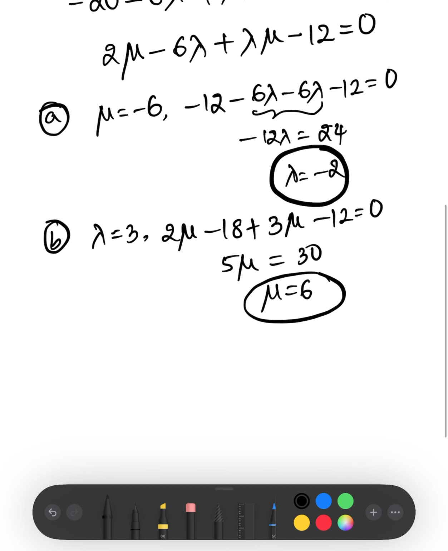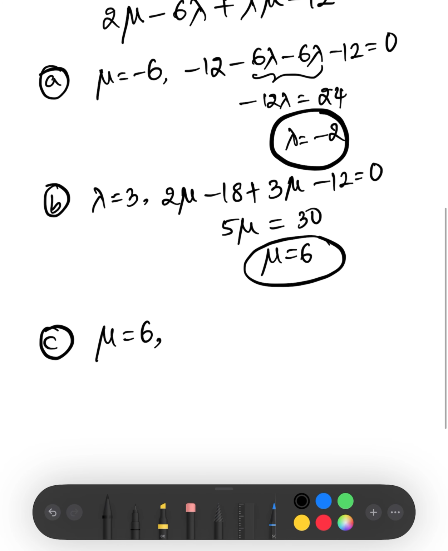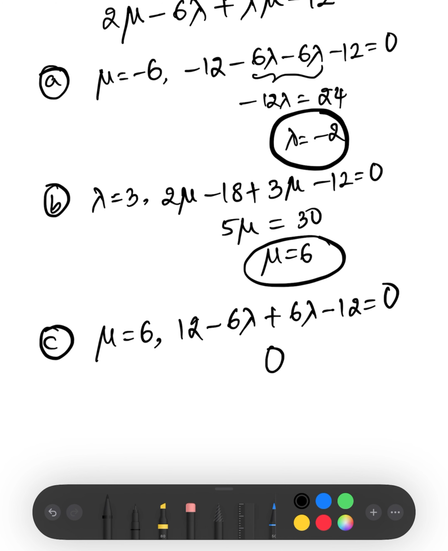Now move on to the third option, which is mu equal to 6. If mu equal to 6, what we will get is 12 minus 6 lambda plus 6 lambda minus 12 equal to 0, so everything will get cancelled. Finally we get 0 equal to 0.